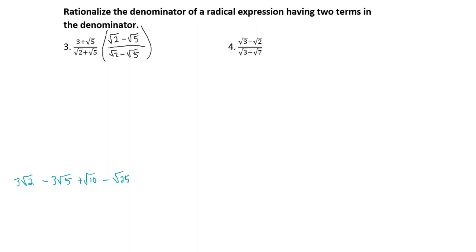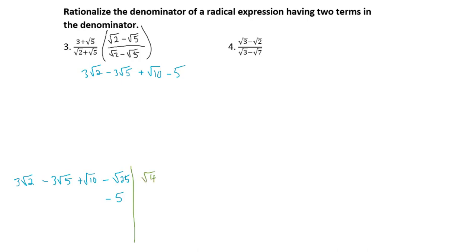And then I'm going to see, it doesn't simplify, but this will simplify to minus 5. So on top, I have 3 square root of 2 minus 3 square root of 5 plus square root of 10 minus 5. Okay, and then I'm going to do the bottom. So with the bottom, I have square root of 2 times square root of 2, which is square root of 4.